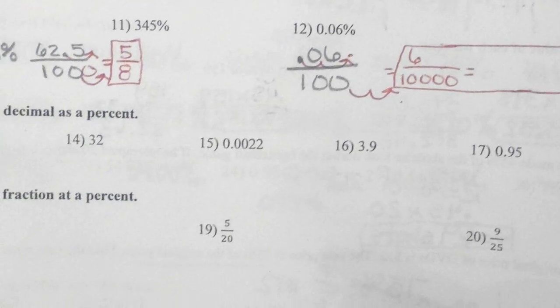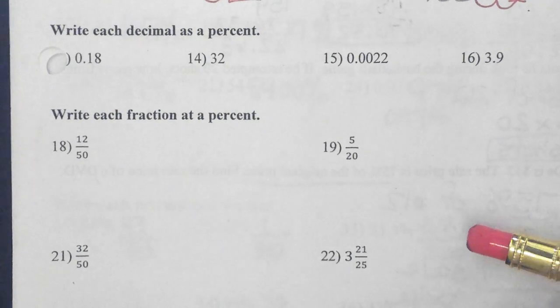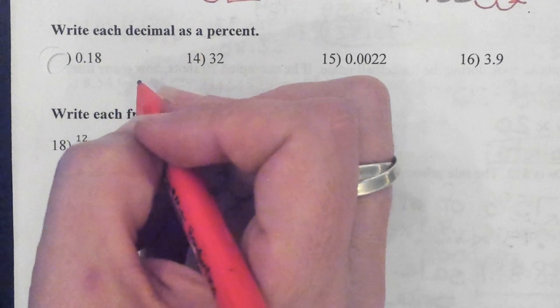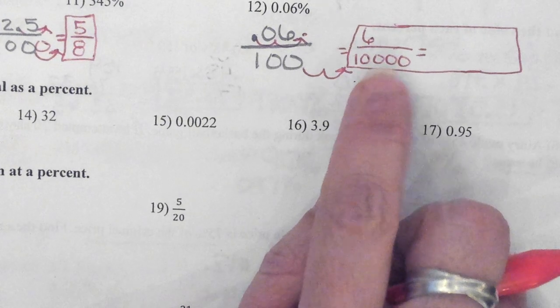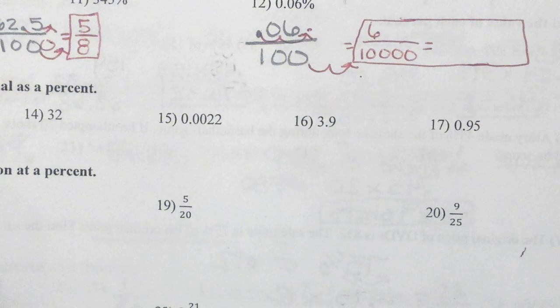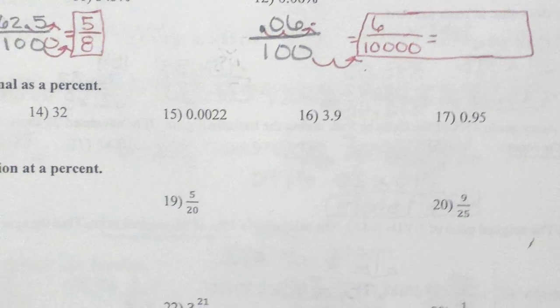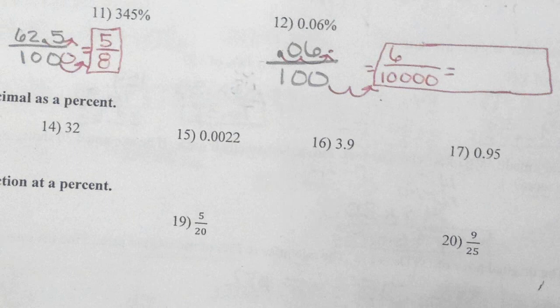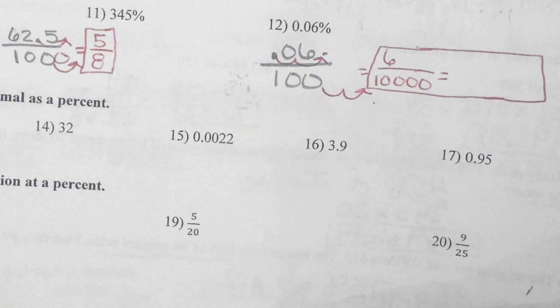Okay, I'm going to go down to the next section. Since this is a different class, I may be repeating some, but that's okay. So it's 6 over 10,000, but then you still got to simplify it. No, fraction. So divide by 2. If you put it on my calculator, 6 over 600,000, it's 0.0006.